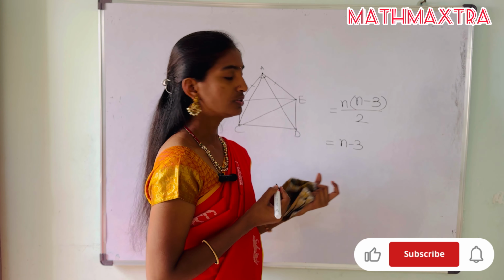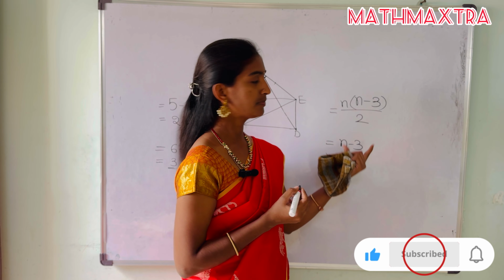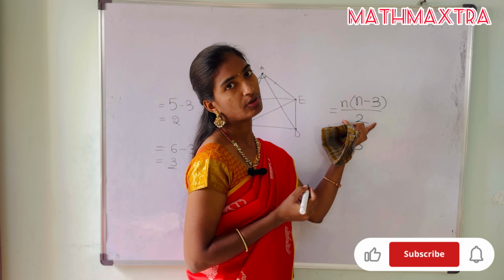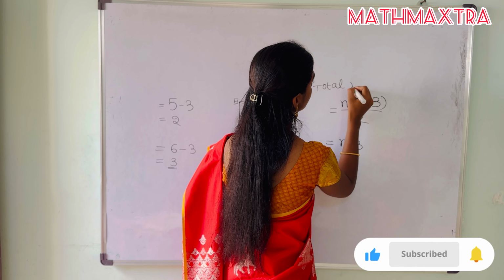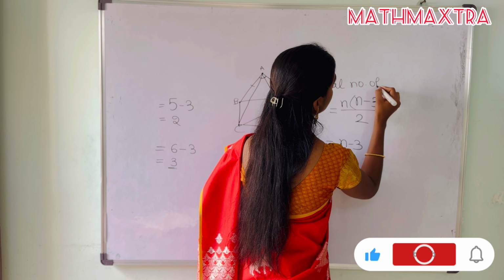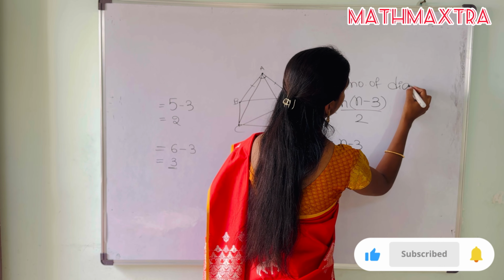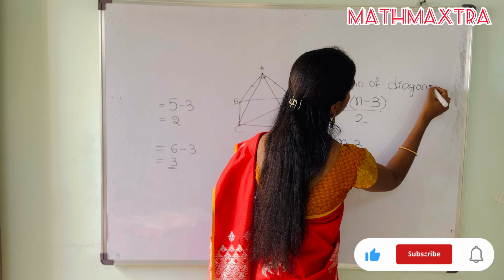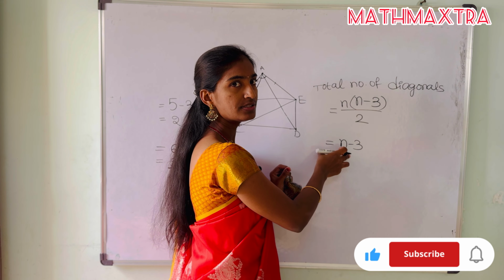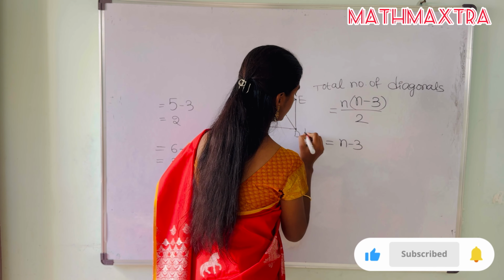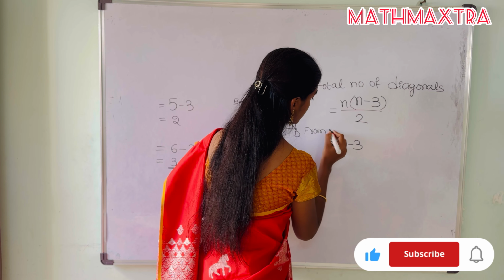So this is from each vertex, and this is the total number of diagonals.